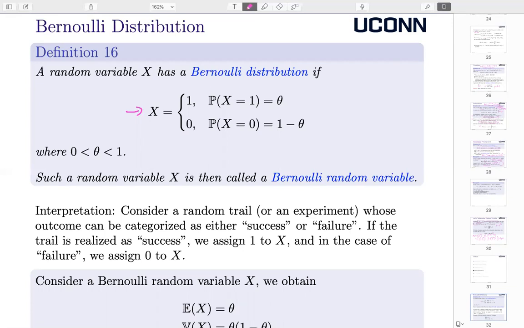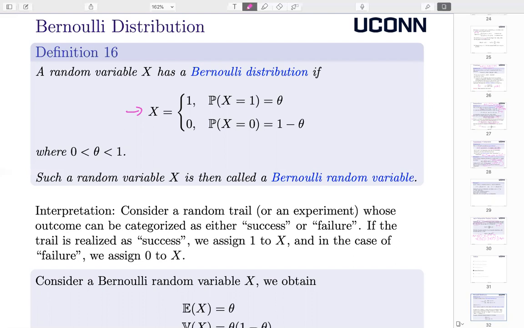If tail shows up, you get $0. So that's a Bernoulli distribution, right? And if this coin is a fair coin, then theta is 50%. But of course, this coin can be a biased coin, like it favors tails more, then we can set theta to be, let's say, 20%, strictly less than 50%.